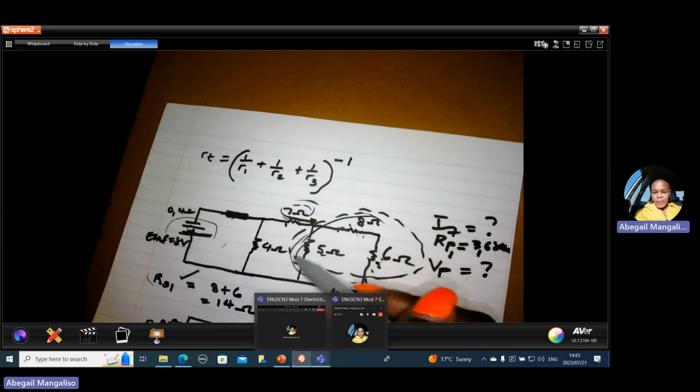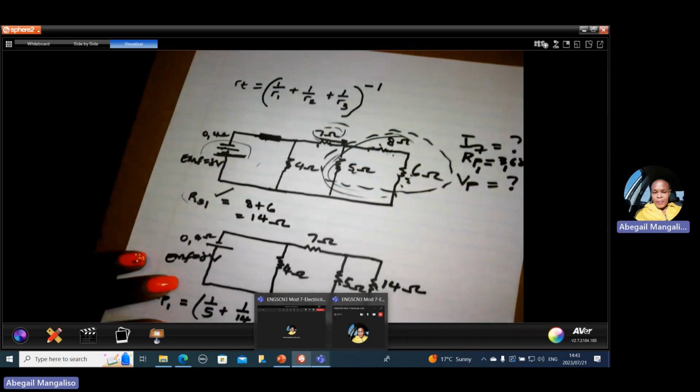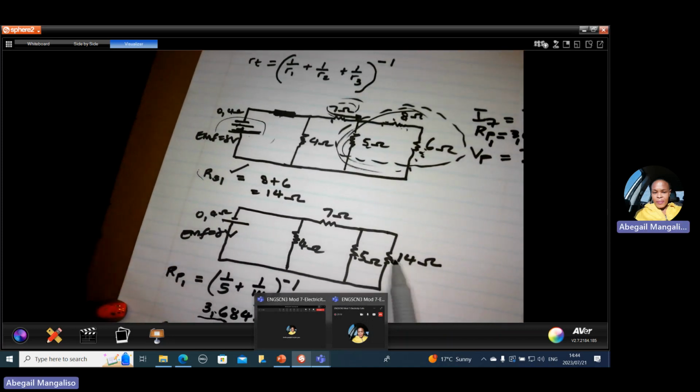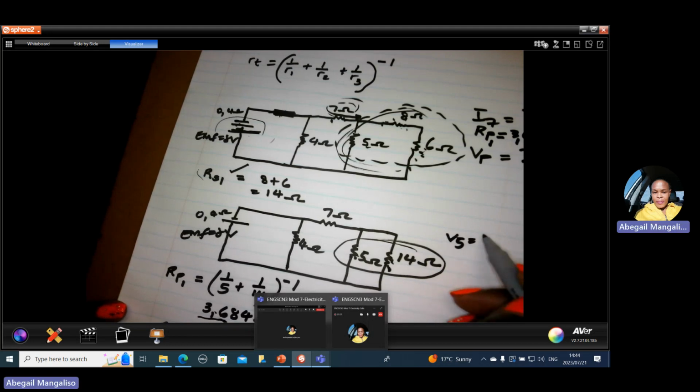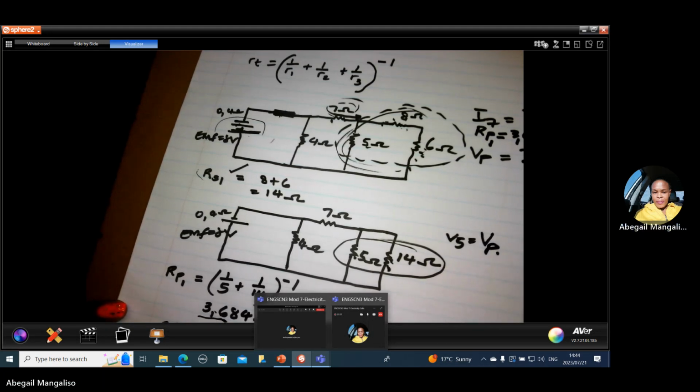Now, since this section is parallel, or let me use the second circuit, since this section is parallel, the voltage across here is the same as the voltage across here. So V5 will be equal to this V parallel. To calculate I7, this is positive, this is negative.